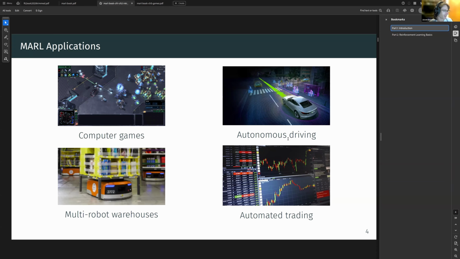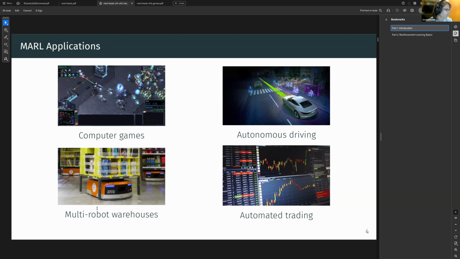The driving example is a case where you have a partially observable environment. The agents can't necessarily see everything that's happening around them. Whereas this robot example is one where you have cooperation, and these robots probably do have access to the information about every other robot in the warehouse.